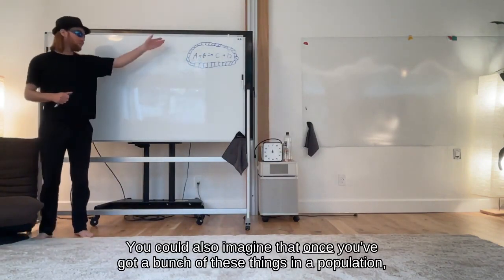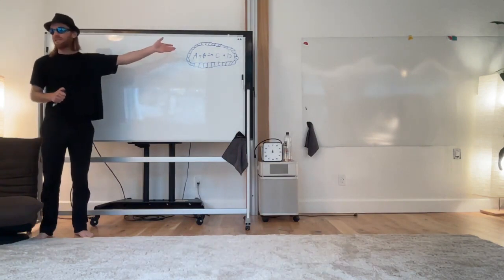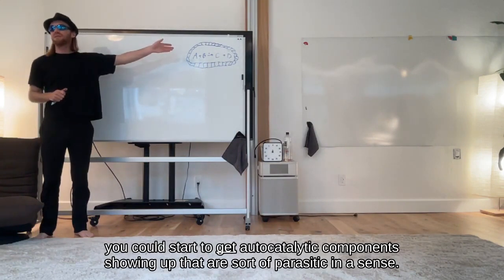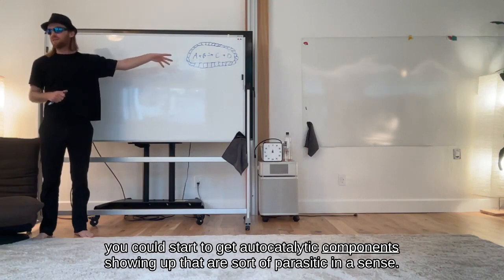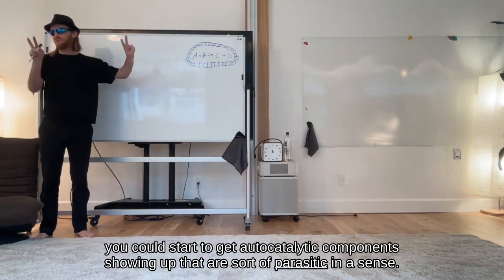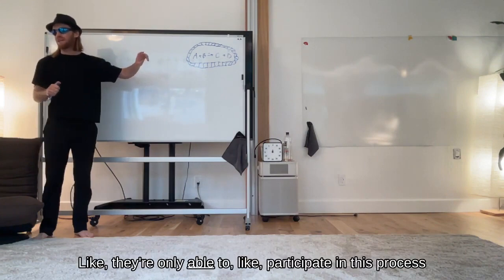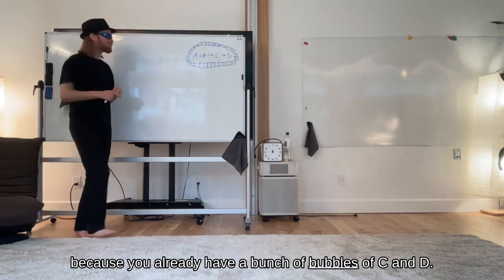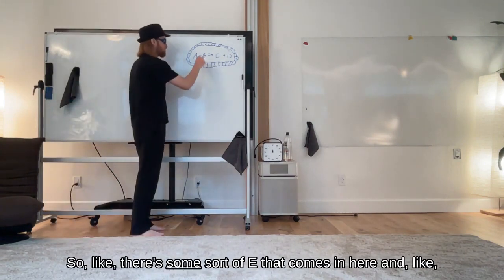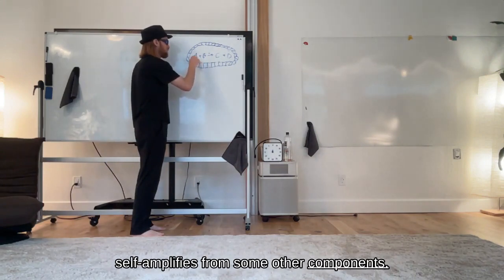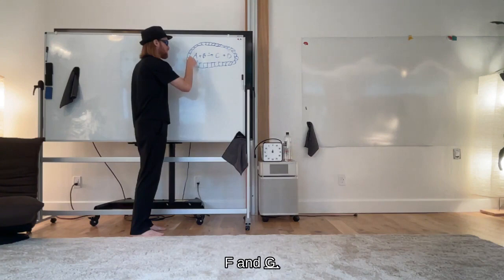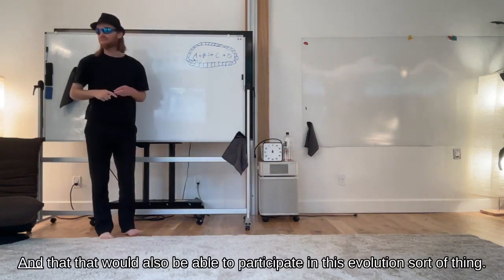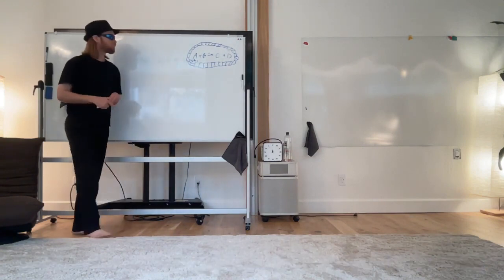You could also imagine that once you've got a bunch of these things in a population, you could start to get autocatalytic components showing up that are sort of parasitic. They're only able to participate in this process because you already have a bunch of bubbles of C and D. There's some sort of E that comes in and self-amplifies from some other components, F and G. And that would also be able to participate in this evolution.